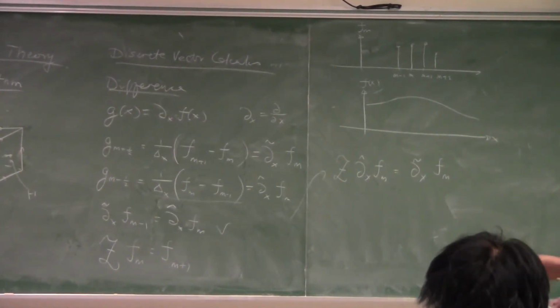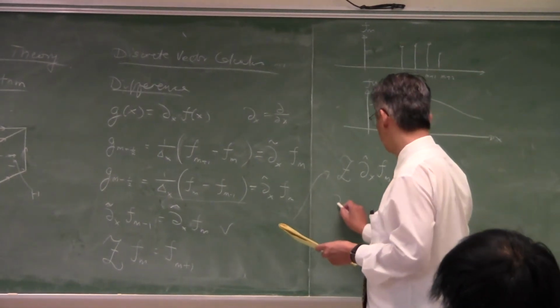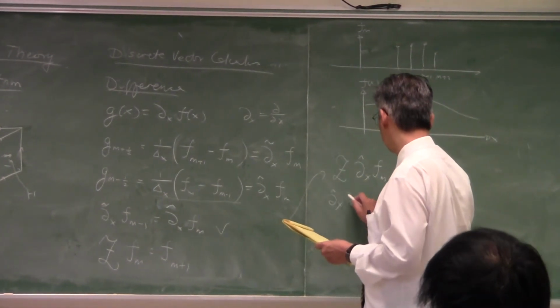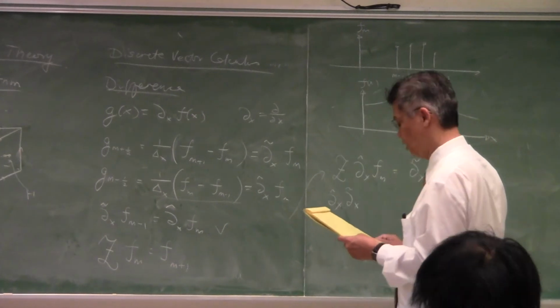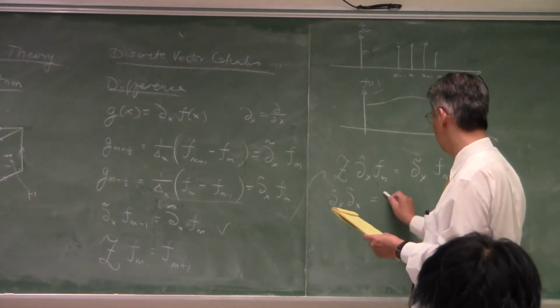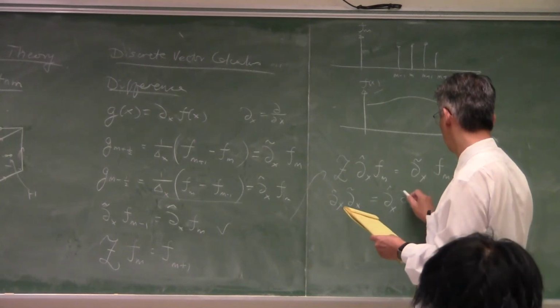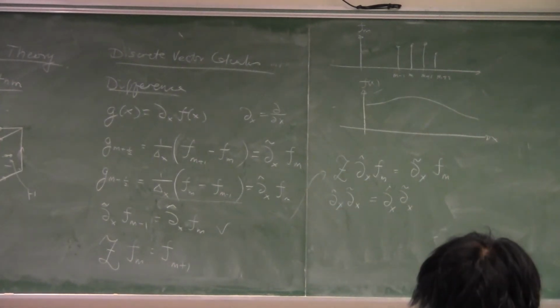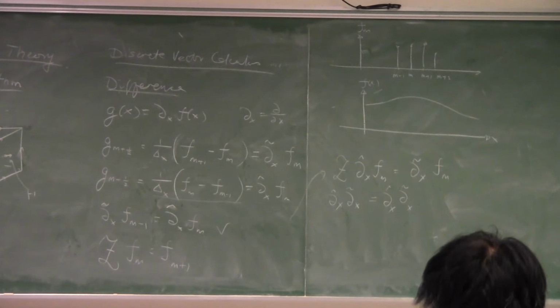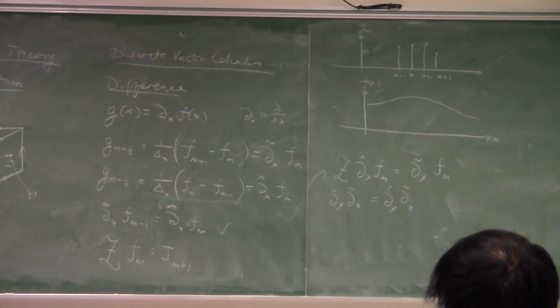And it's quite clear that these two commute. This back difference and the forward difference operators commute with each other. You can show that very easily. You can do some algebra to show it, but it's quite clear once you do it.